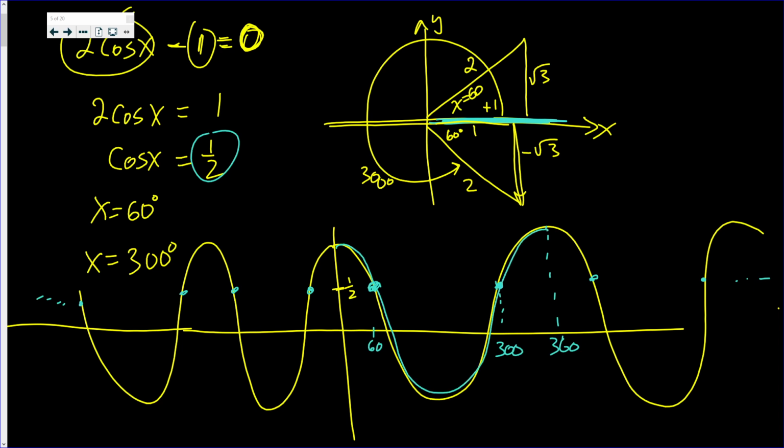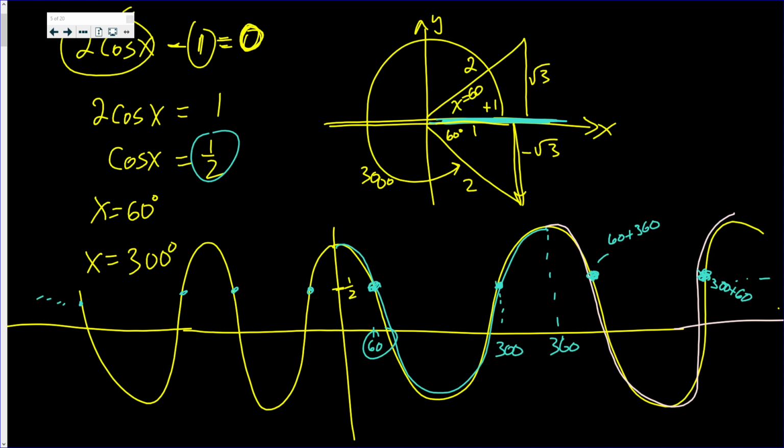Now, the next period, it also is going to have two places where it equals 1/2. This place, it's not going to be 60, but it's going to be 360 plus 60. This one isn't going to be 300, it's going to be 300 plus 360.